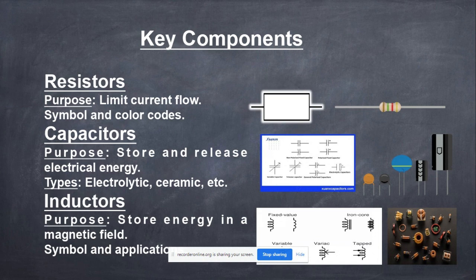This one is also the trimmer capacitor. It is the same as a variable capacitor, but its use is different from the variable capacitor. And this one is the general polarized capacitor, and this one is the electrolytic capacitor.